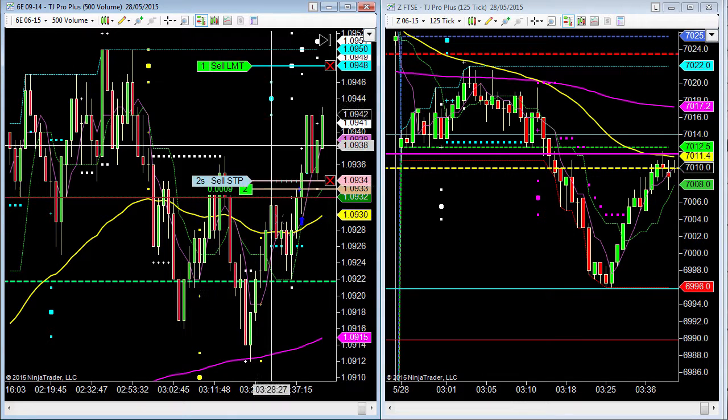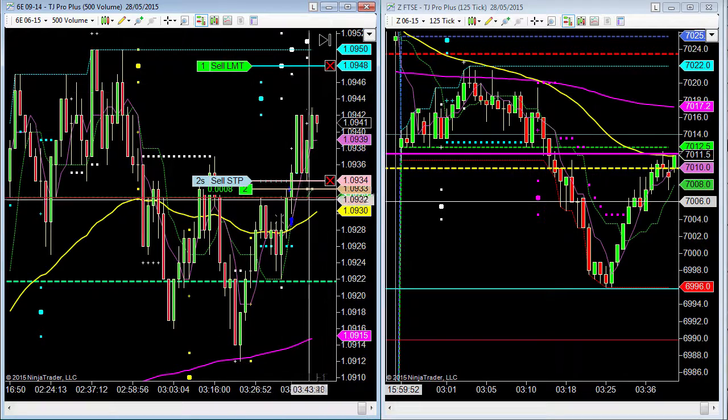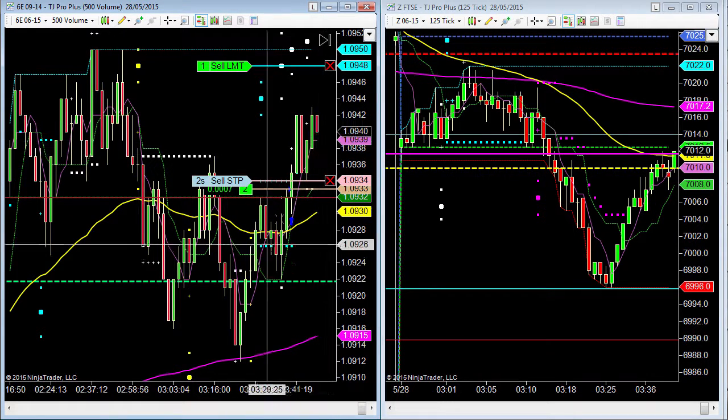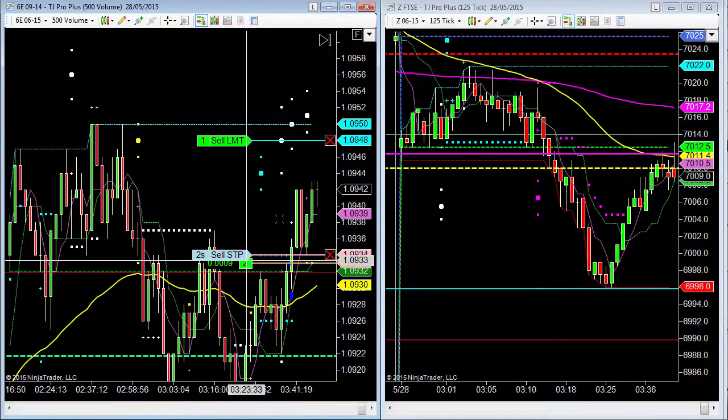So at this point, what we're doing is we're moving the stop because it got to within a tick of the target 2. So we've moved the whole stop at this point. So this is an example of moving the lock-in level, the money management, slightly early because it's got very, very close to that price.